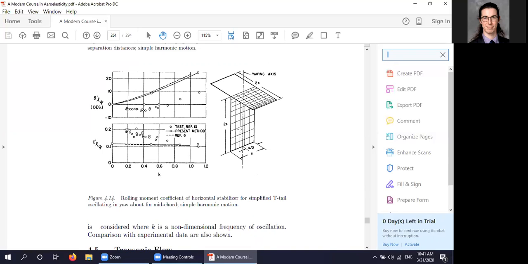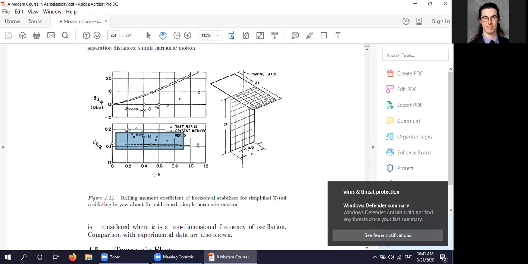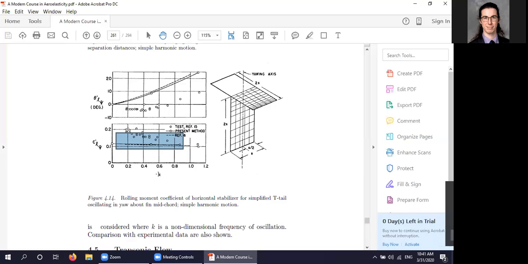You can now obtain a commercial code from Nastran or from Zona Technology, at least in the United States, and probably comparable codes elsewhere in the world that will analyze that geometry and give you results. And here's a typical aerodynamic coefficient plotted as a function of the frequency of the oscillation, the reduced frequency of oscillation.